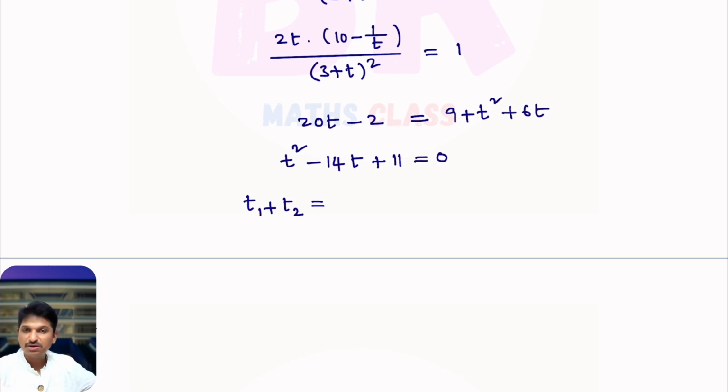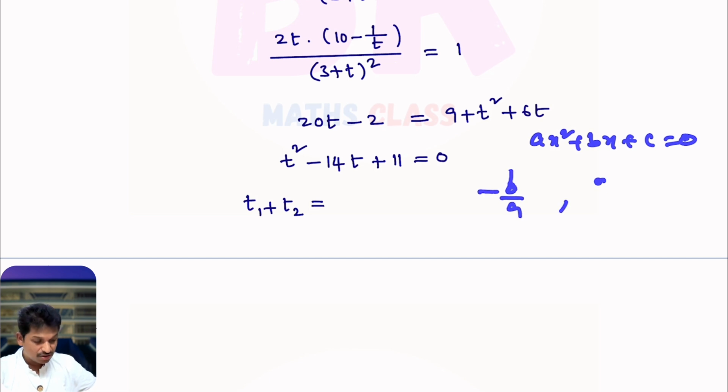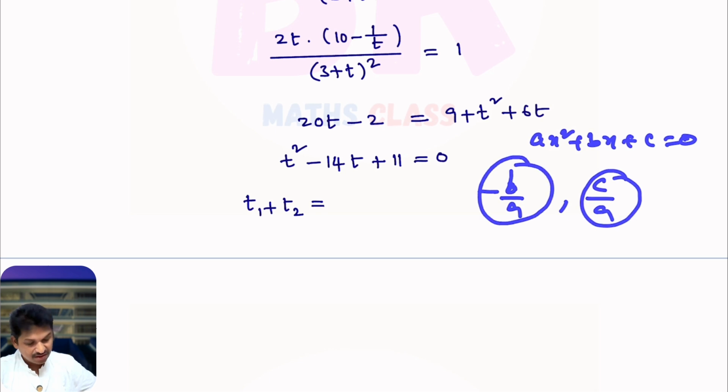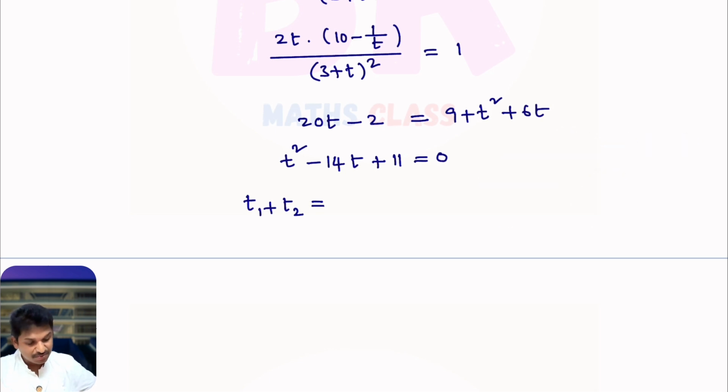Sum of roots, product of roots, all those things in detail we will learn. For the time being, if ax square plus bx plus c equal to 0, two roots will be there. Sum of roots is minus b by a, product of roots is c by a, right? Here sum of roots is minus b by a, minus of minus 14 divided by 1, that means this is 14, and product of roots t1 into t2 equal to 11.